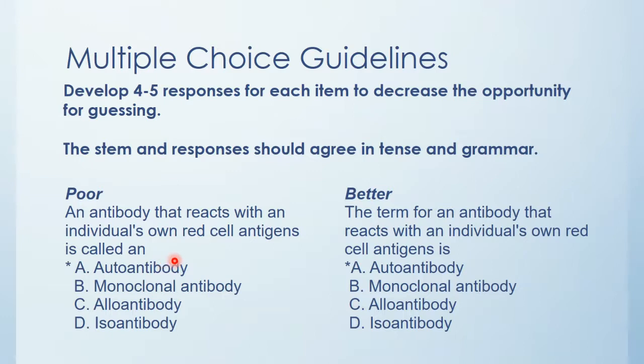A better way to phrase this is, the term for an antibody that reacts with an individual's own red cell antigens is, and then any one of these options is going to work because it agrees grammatically. If any of these were pluralized, you would need "is" and then in parentheses "are," to make sure that you're matching for tense and grammar, so that it doesn't give away the answer or rule out answer choices.